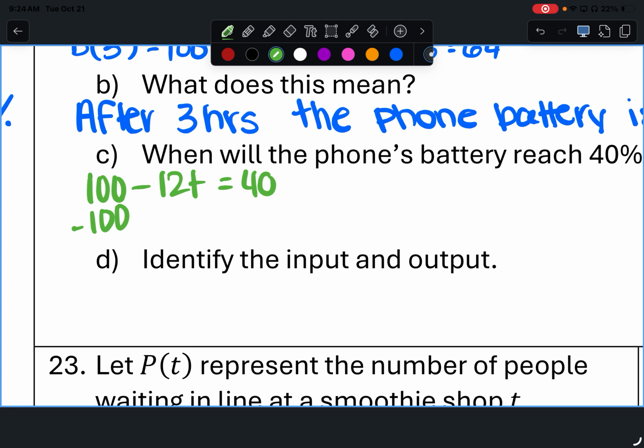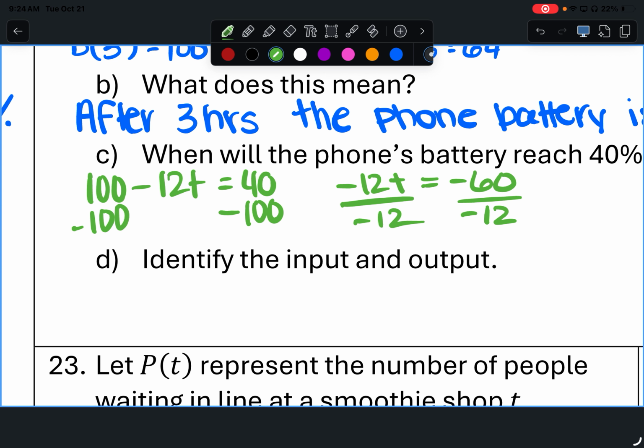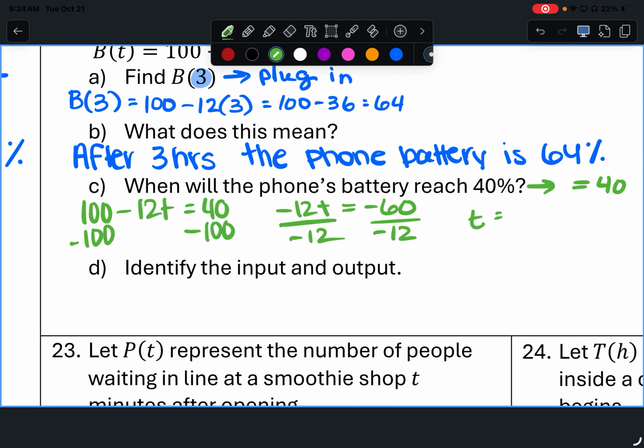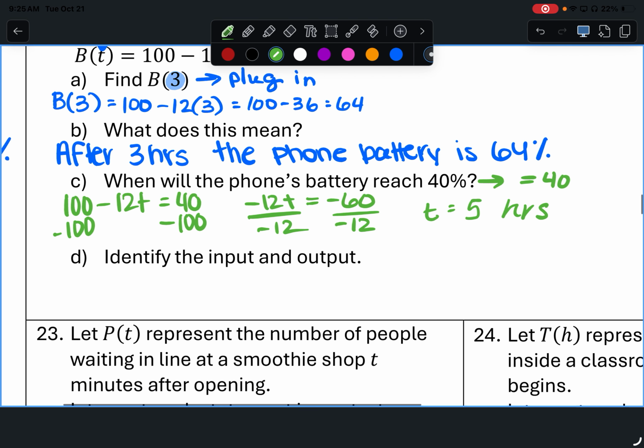Minus 100. So negative 12T equals, what is 40 minus 100? Divide both sides by negative 12. T is? So that means what? 5 hours to get to 40%.